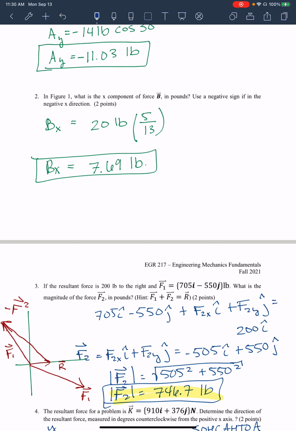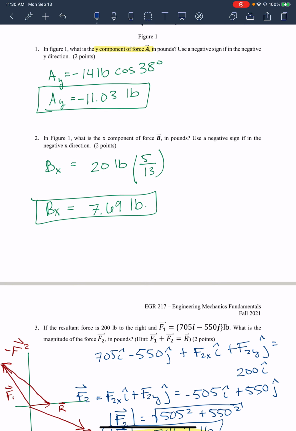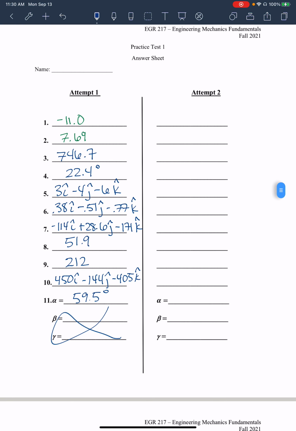So actually enter back in the calculator, make sure I'm answering what they're asking for, make sure I got the signs right. I'll go through and check them all. And then I would go up to the front and get them checked. And then remember, if anything's wrong, like a negative sign is wrong or something, then it's just wrong. And so go back and just check carefully when you miss any of those, so you can get it right on attempt 2. All right, that's it.